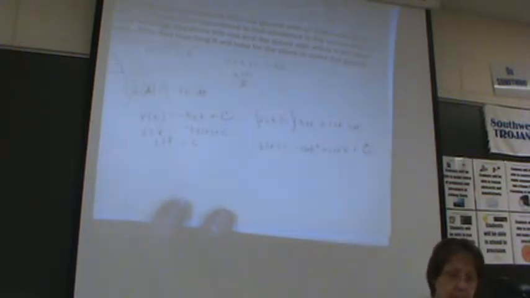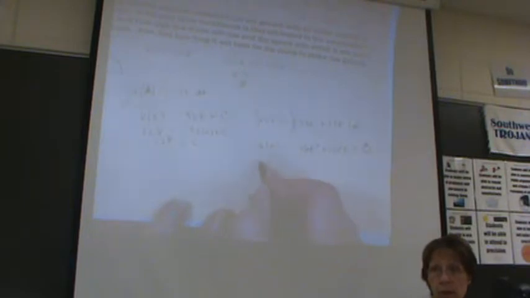Okay? If we want to know how long it will take to strike the ground, what do we have to do? Calculate the time. The position when it hits the ground will be 0. So 0 would equal negative 16t squared plus 128t.